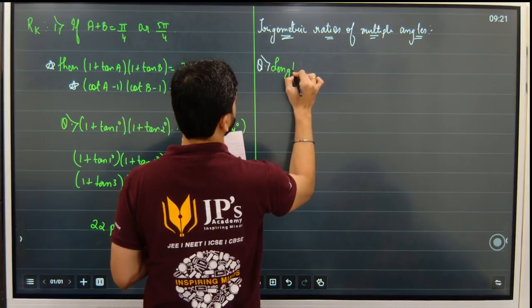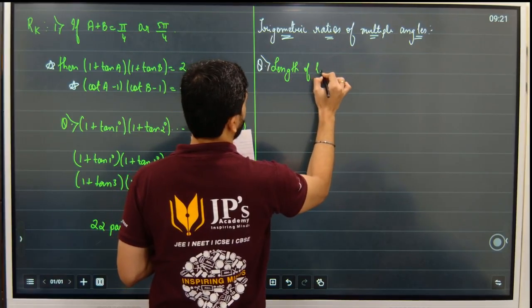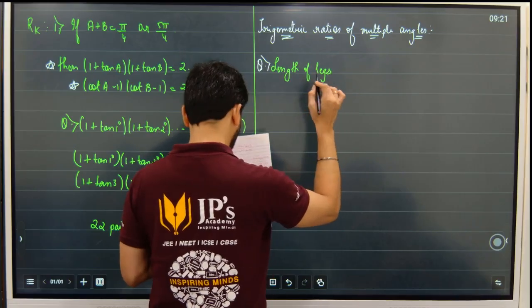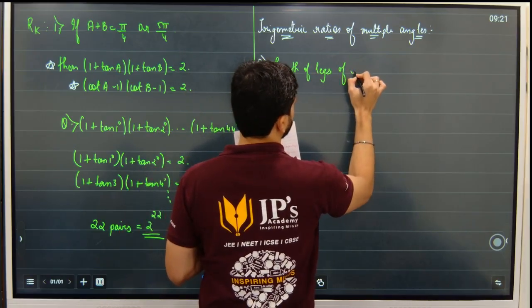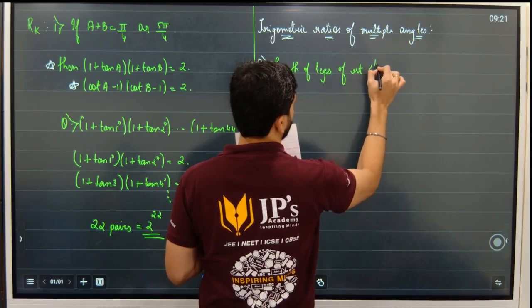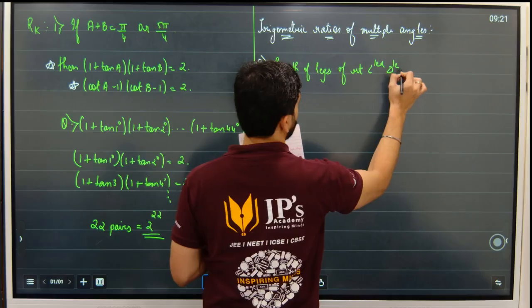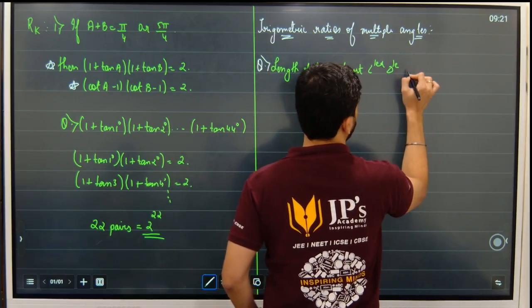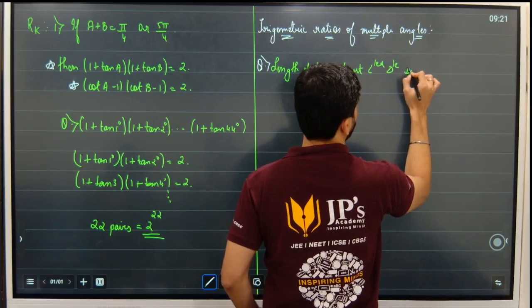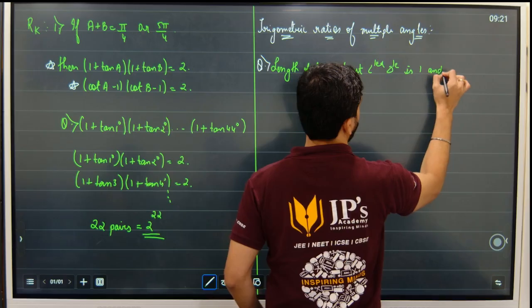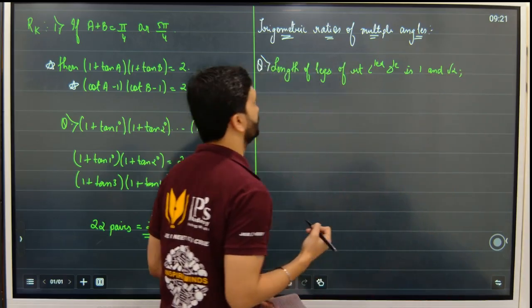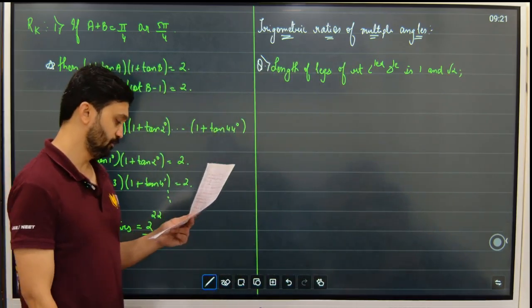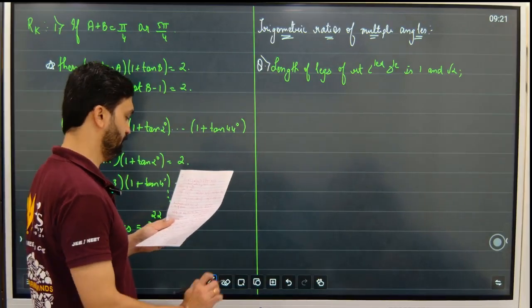Length of legs of a right angled triangle is 1 and root 2.